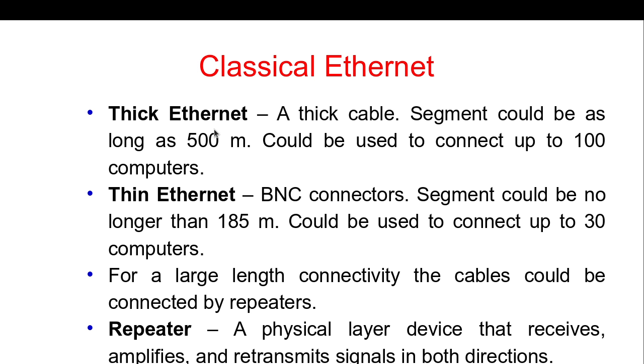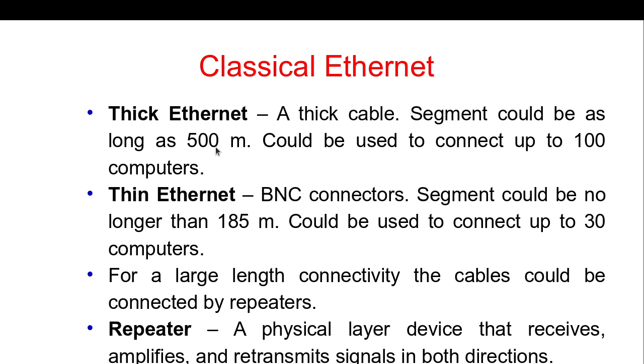In the case of thick Ethernet, the segment could be as long as 500 meters, whereas in the case of thin Ethernet it was only up to 185 meters at the maximum.